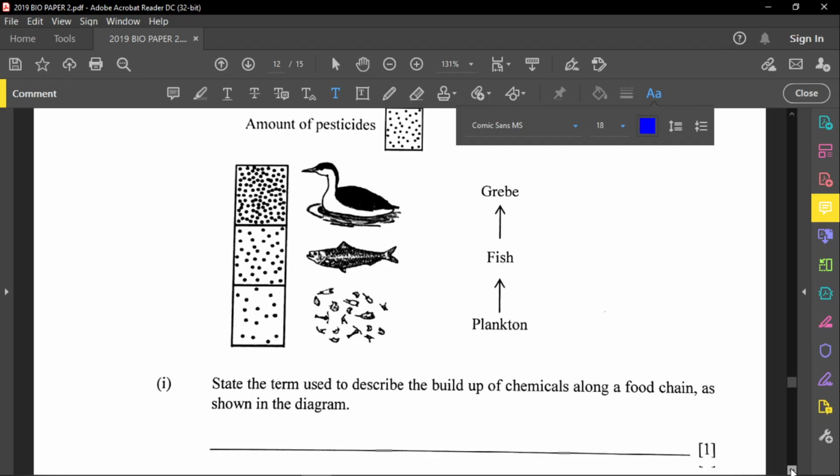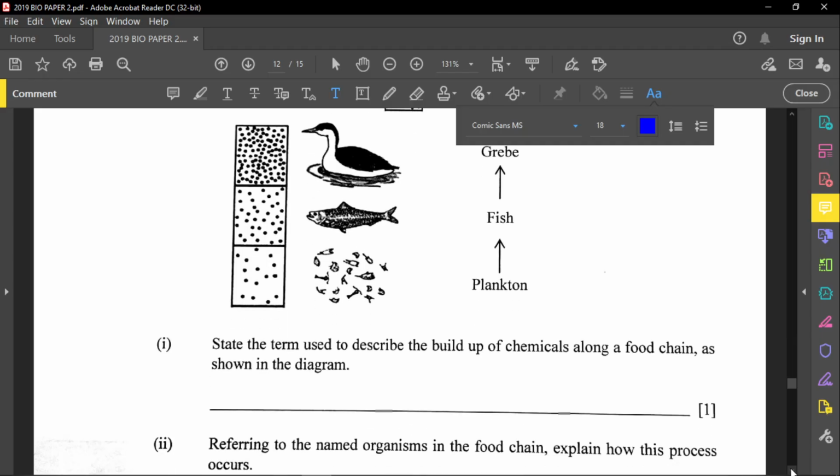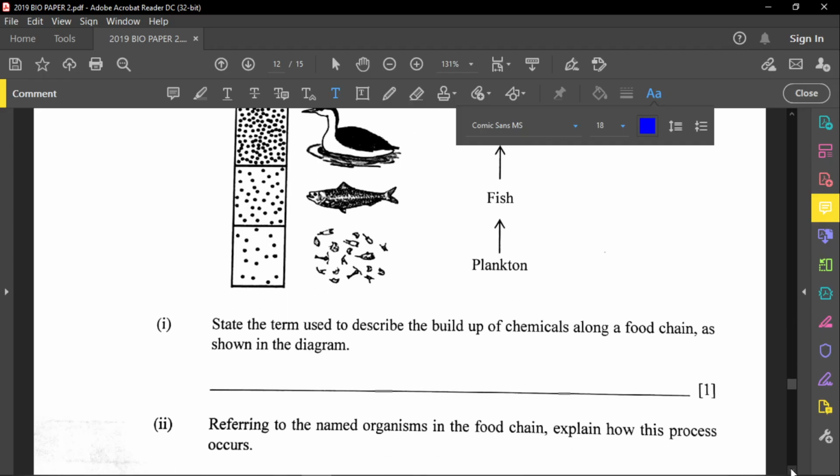Okay, so now let's talk about this. It says state the term used to describe the build-up of chemicals along a food chain as shown in the diagram. So as chemicals become more concentrated or built up along the food chain, the process is called bioaccumulation. Because it accumulates in living things, right? So bio, living, accumulate means to build up. So it's called bioaccumulation.